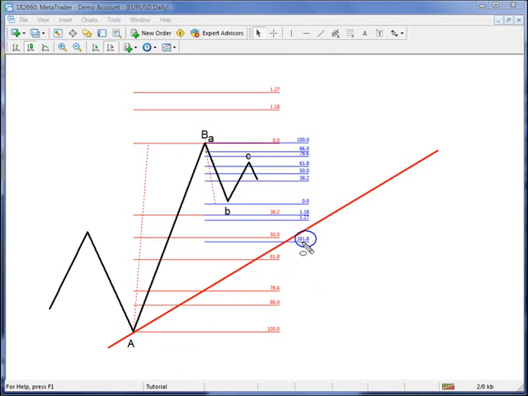What we now need to look for are convergences, where we would have a convergence with a retracement on the main A, B swing. The convergence is at the 50, as you can see here, and the 1.618. So that's our convergence level.